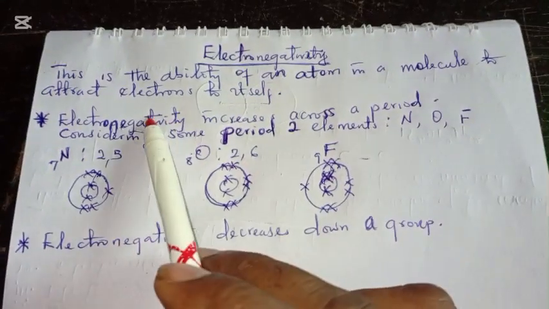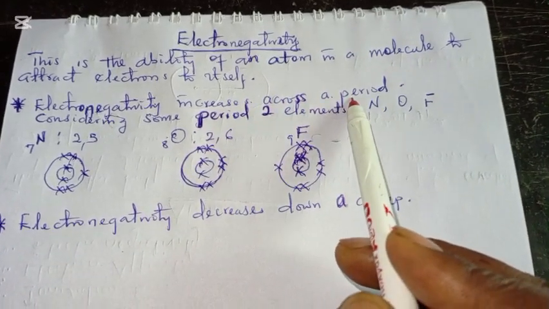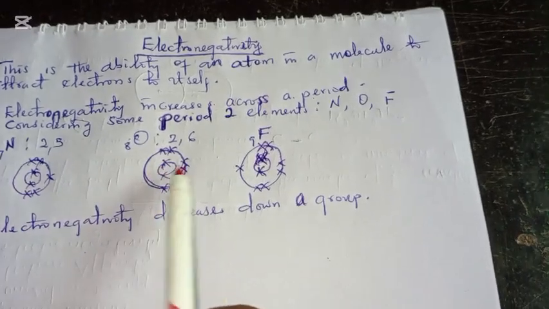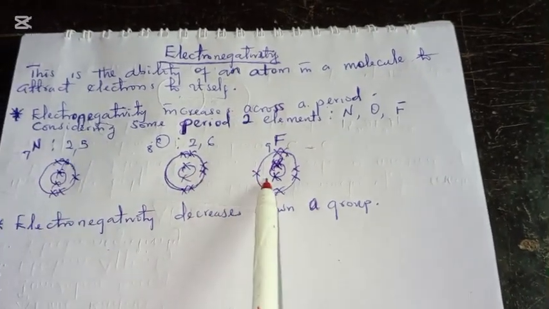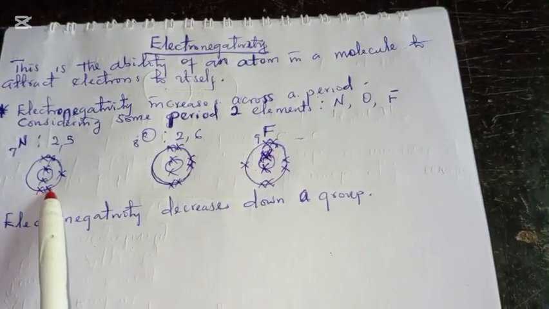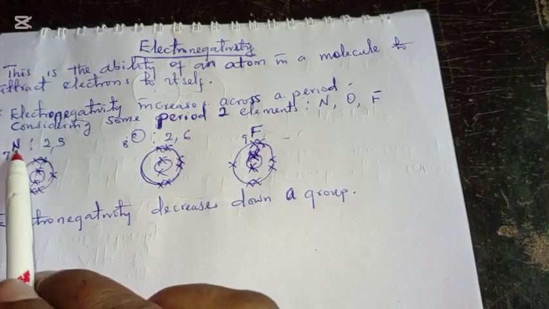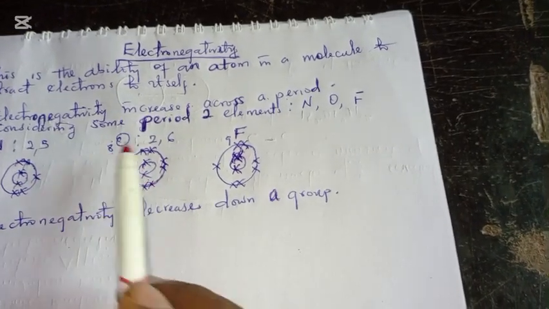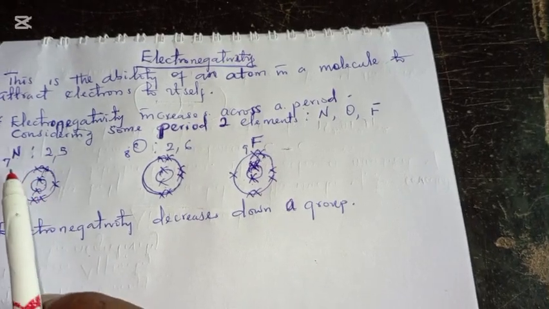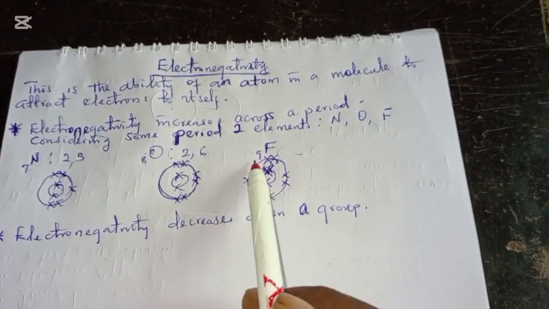Now remember, I said electronegativity increases across the period. Why? If you look at the number of shells we have for each of these elements across this period, the number of shells is the same, 2. But then looking at the number of electrons, we have 7 electrons for nitrogen, 8 electrons for oxygen, 9 electrons for fluorine, which means we have 7 protons for nitrogen, 8 protons for oxygen, 9 protons for fluorine.